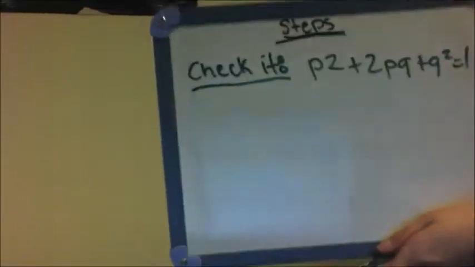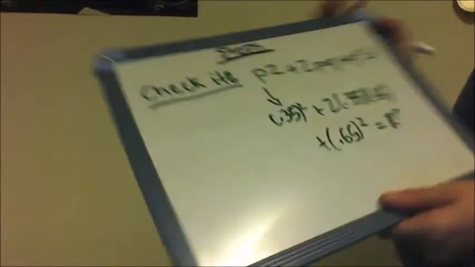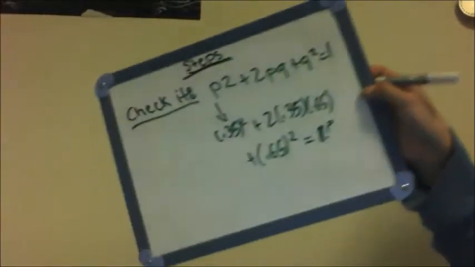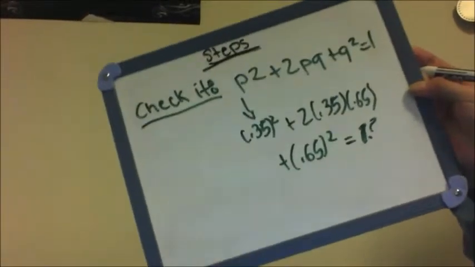So we are going to substitute all those values with the values that we figured out before: 0.35 squared plus 2 times 0.35 times 0.65 plus 0.65 squared, and we're going to make sure that equals 1. When you check in your calculator, this all should equal 1, or close to it.